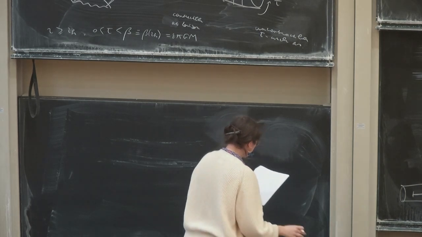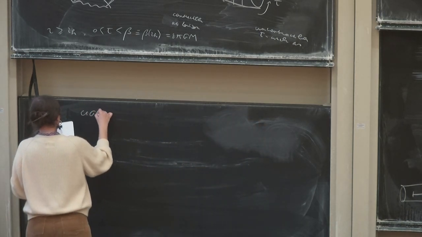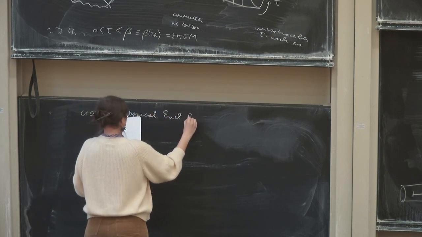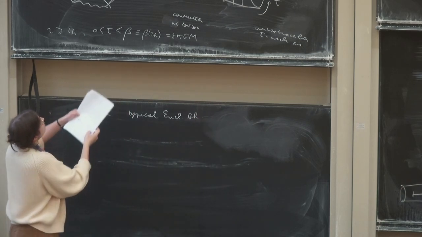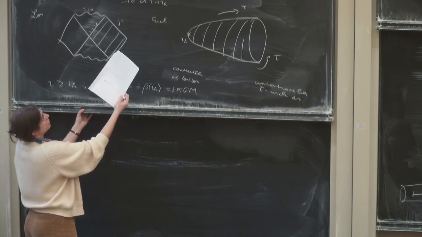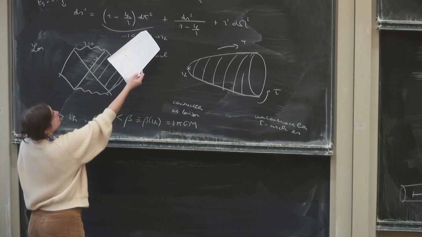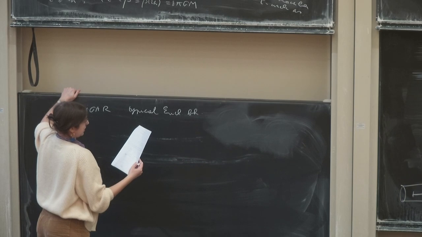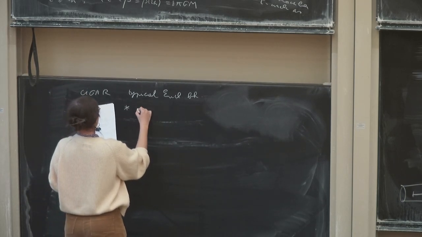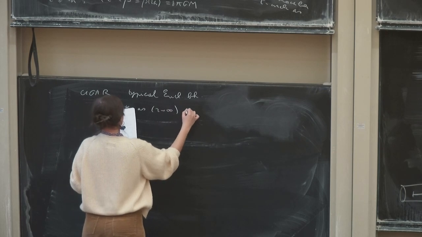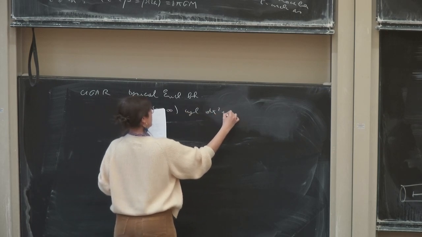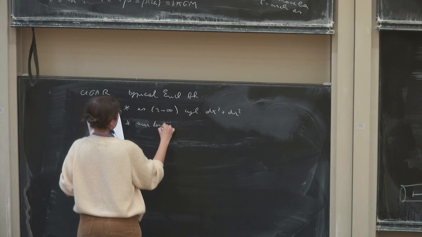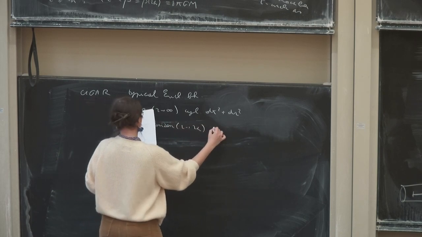Okay, so this cigar-shaped manifold is what you typically find in Euclidean black holes, because you typically have a factor like that that behaves like that asymptotically, it gives you an uncontractable circle, and near the horizon it pinches off like so, okay? So the cigar is asymptotically, for r to infinity, a cylinder, and near the horizon it is flat.